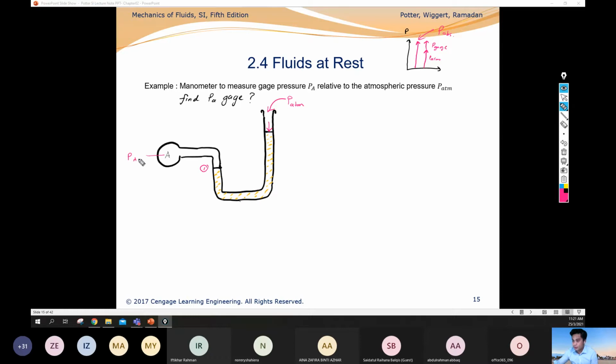Okay, the first is point A. This is pressure at point A. And then this is at point 1. Alright, this is the fluid. We don't know whether it is liquid or air. Just name as a fluid A. So let's say this is PA, the pressure due to point A. And this is point 1, the pressure acting in this direction.